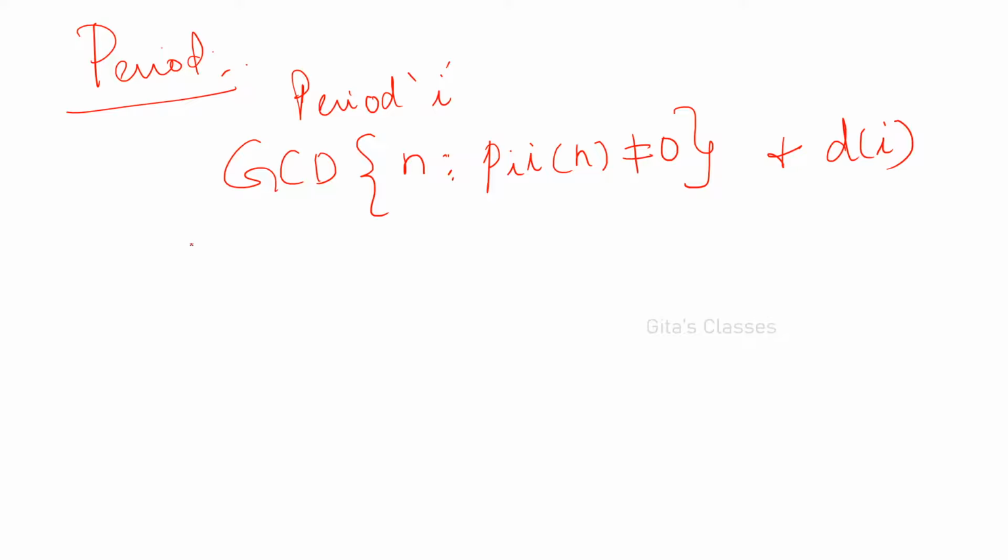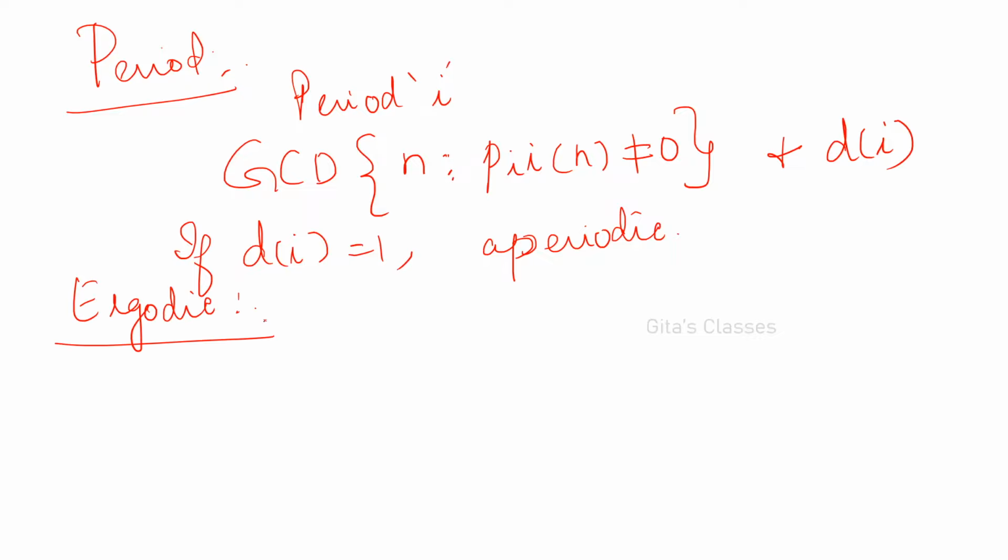And if the period is 1, if d(I) is equal to 1, the state is called aperiodic. I have explained in detail all of these, period, aperiodic, ergodic, in the previous class.